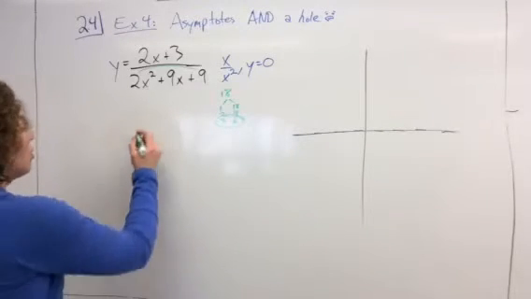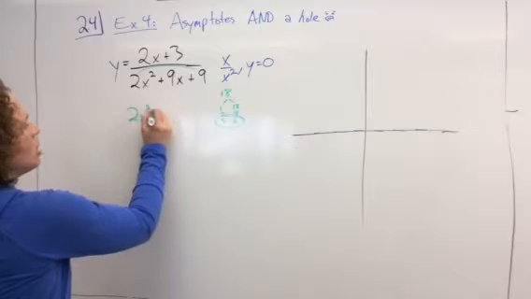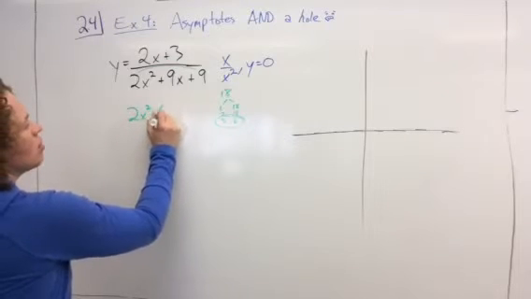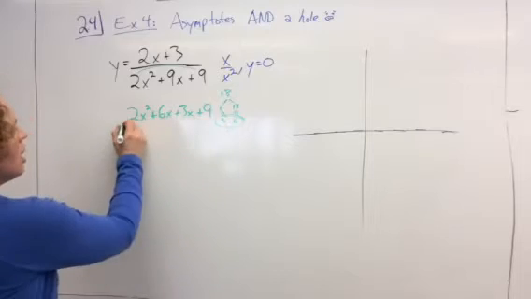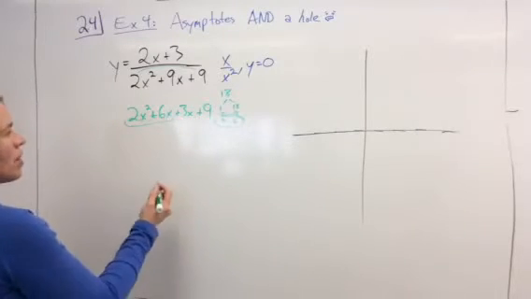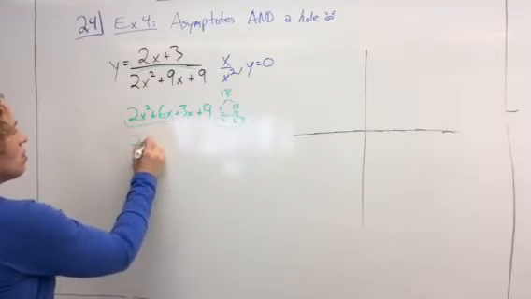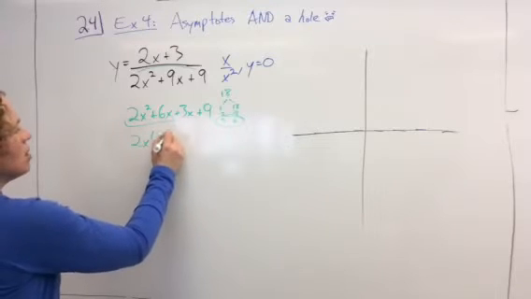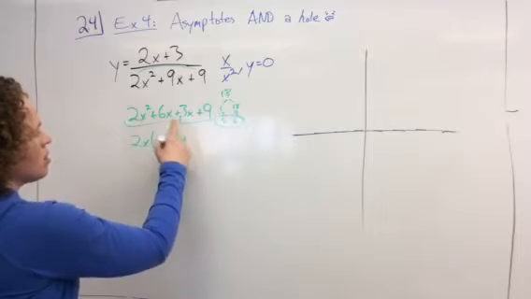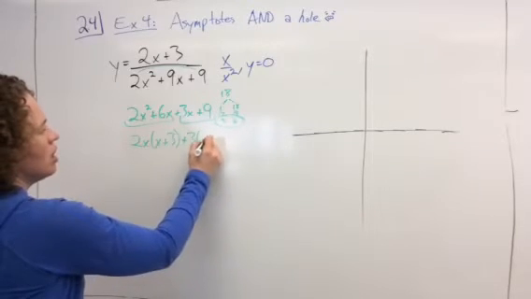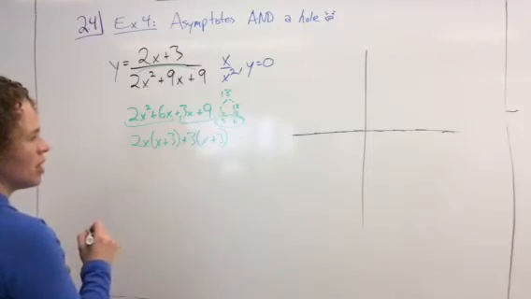So I can write out my 2x squared plus 6x plus 3x plus 9, and then I can factor out the first 2 terms, so I have my 2x times x plus 3. My second 2 terms, there's a positive sign here with a 3, which gives me x plus 3 in the brackets as well.